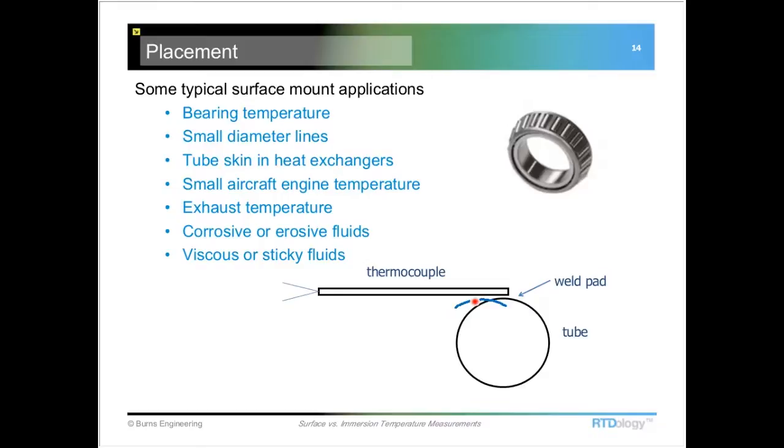And then we get into viscous or corrosive fluids. Sometimes these are either too sticky or just too corrosive or erosive to put in an immersion style sensor. The material would build up on the sensor, maybe even eventually block the piping if it's really bad. So surface mount sensors would be a good application for those kinds of measurements.